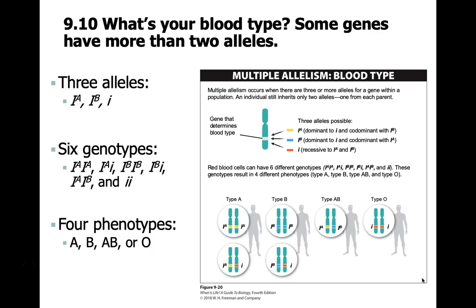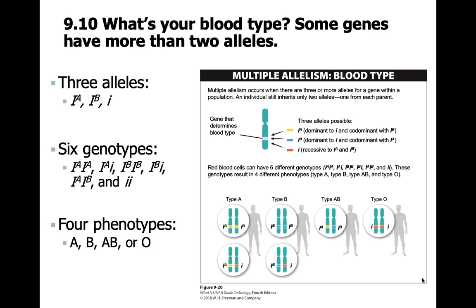All right, so we are moving into sort of the interactions of multiple alleles. We talked about incomplete and codominance. Now let's talk about what happens when you have more than 2 alleles. So everything we've talked about thus far has been 2 alleles, purple and white, or normal pigment, abnormal pigment.